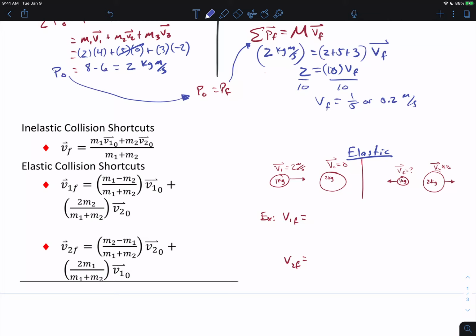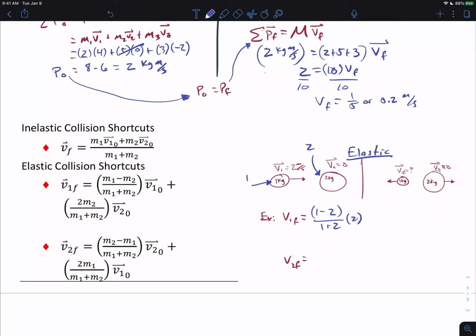So we have mass 1 minus mass 2. We're going to say that this right here is 1 and this right here is 2. So doing this in here, we have 1 minus 2 over 1 plus 2 times my initial velocity of 1.